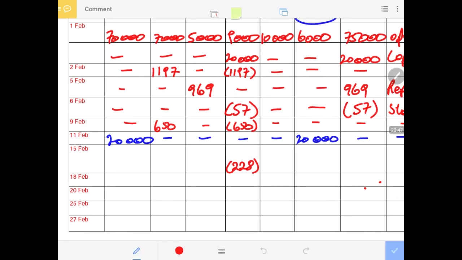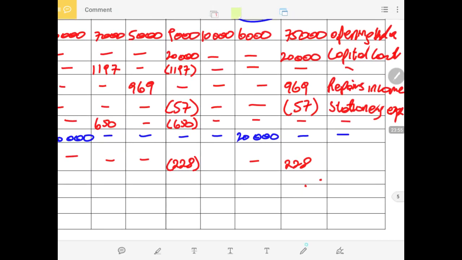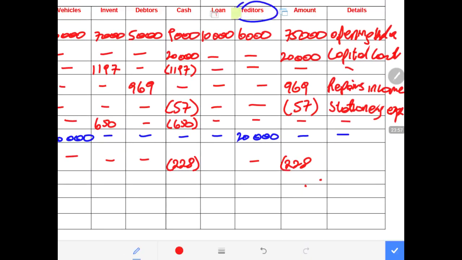And my owner's equity will decrease by the same amount of 228 rands. The reason why owner's equity decreases is because water and electricity expense was paid. So water and electricity is an expense, and expenses decrease owner's equity.